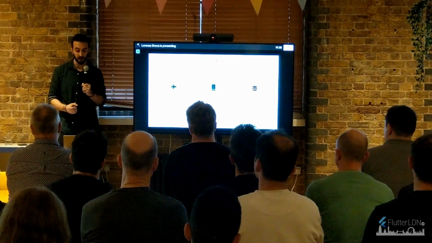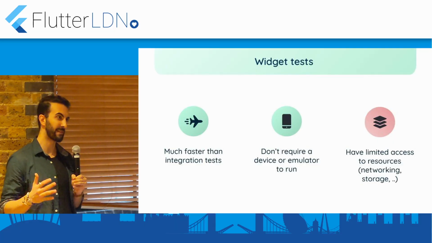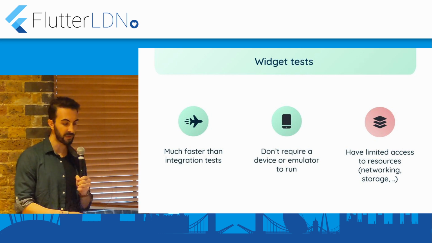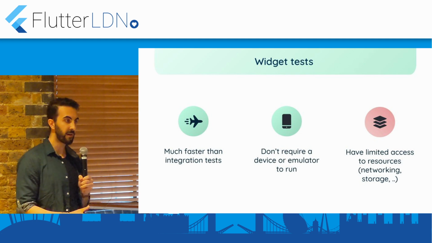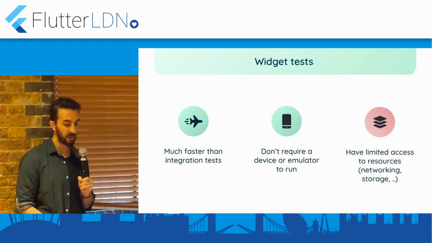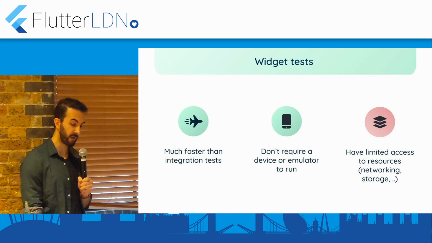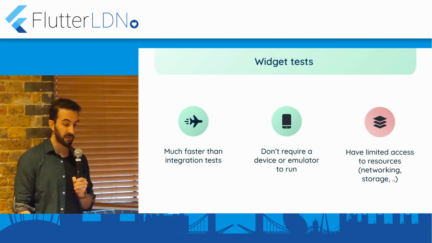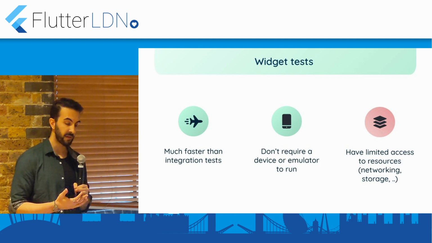If there is an issue with our authentication server, that's another thing. We need an integration test to make sure that is covered. But if we leverage widget tests in the right way, we can cover many more scenarios than we could think. And in Flutter, the good thing is that integration tests and widget tests are very similar.